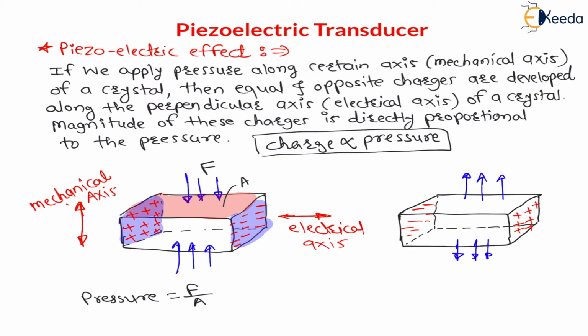Only the polarity changes, but definitely there will be a generation of electric field. In simple ways we can say, whenever there is an elongation or contraction along the mechanical axis, there is always a generation of electric field along the electrical axis.